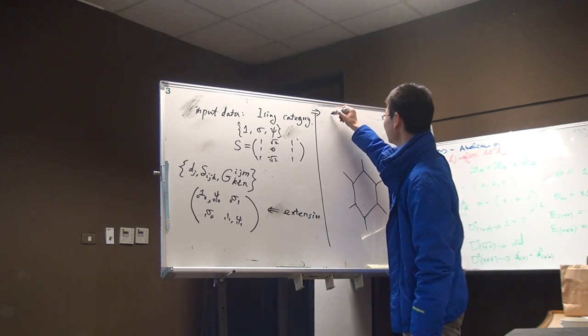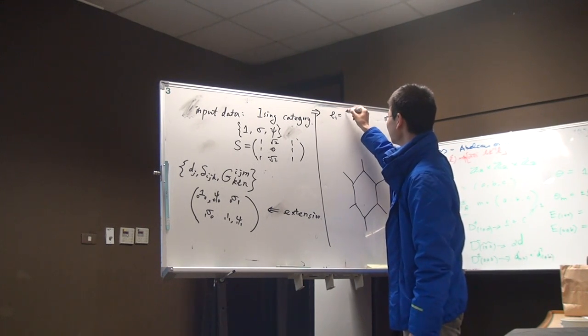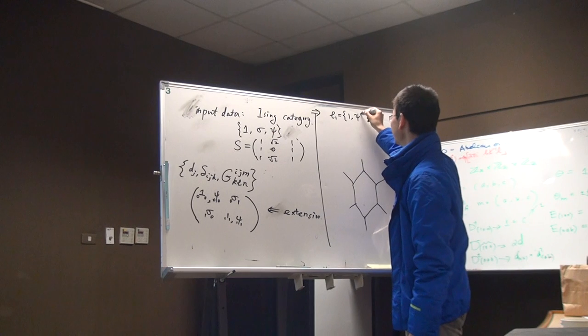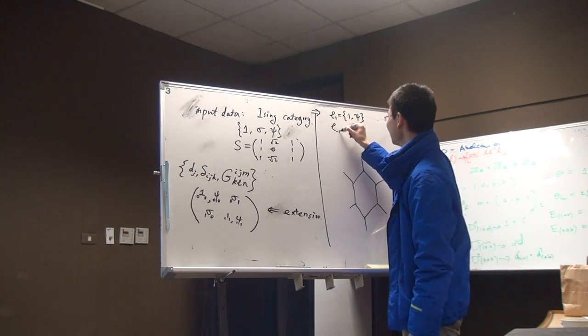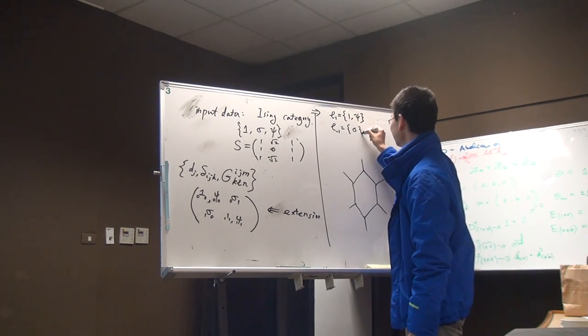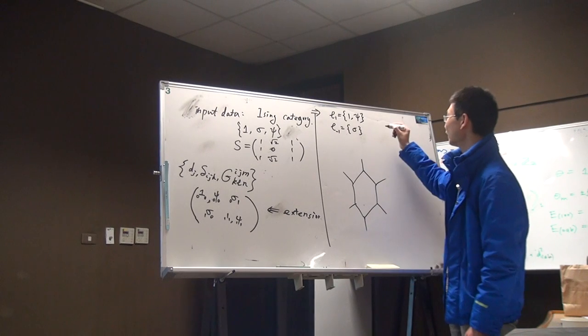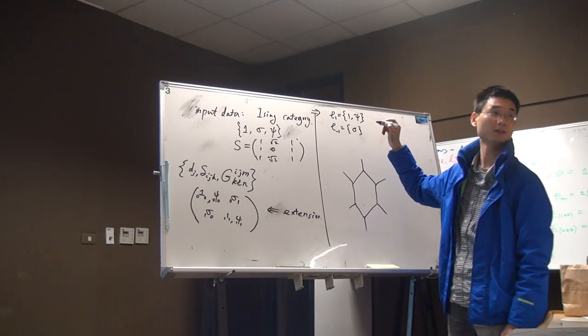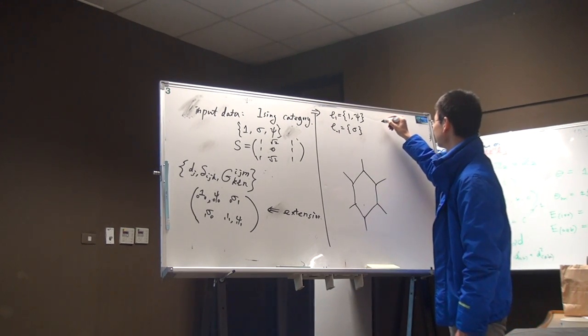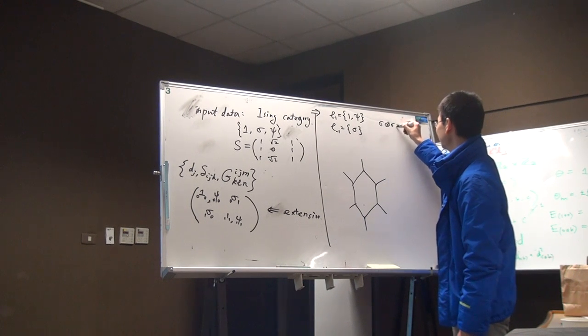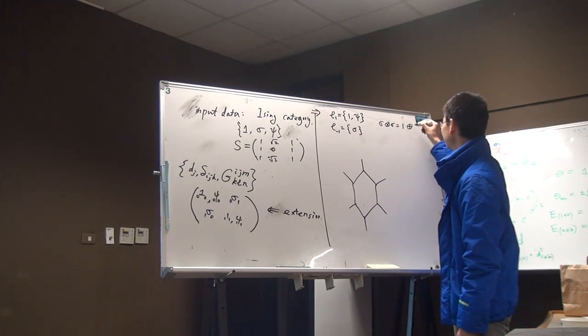I will call C1 is 1 and psi, C minus 1 which is sigma. And now I will write down the fusion rule of this category. The sigma tensor sigma is 1 plus psi.